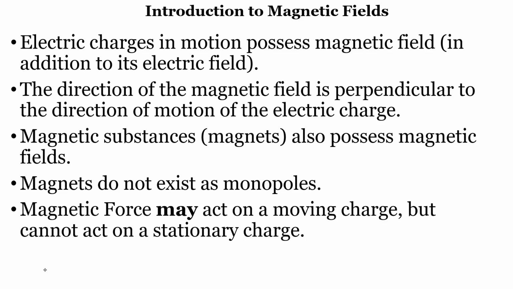So magnetic force may act on a moving charge, but cannot act on a stationary charge. I've said before, when you place a stationary charge in a magnetic field, nothing is experienced. When the charge begins to move, it begins to manifest its magnetic power.